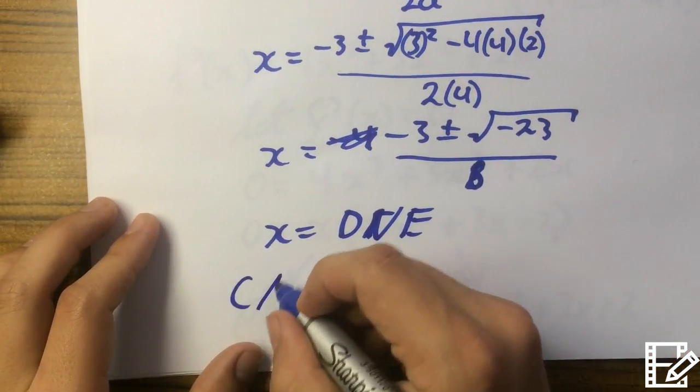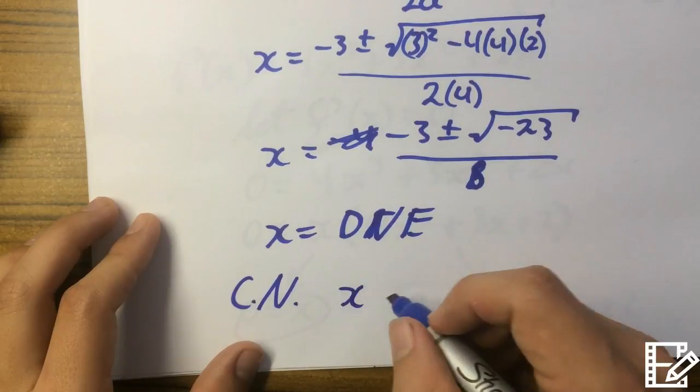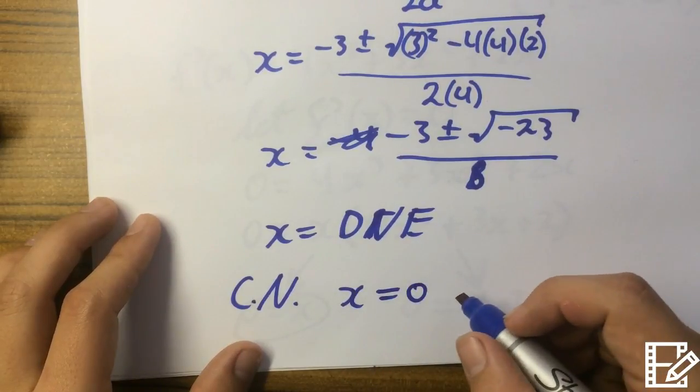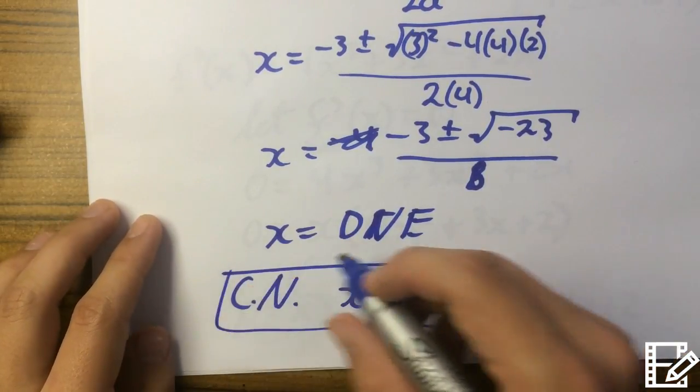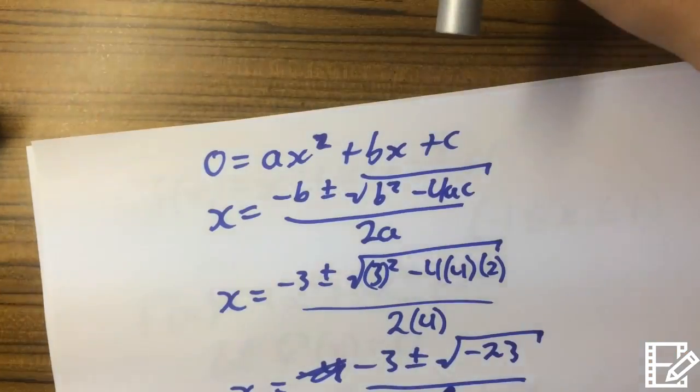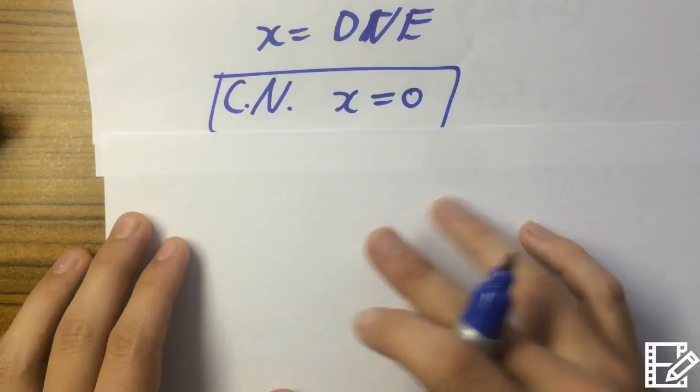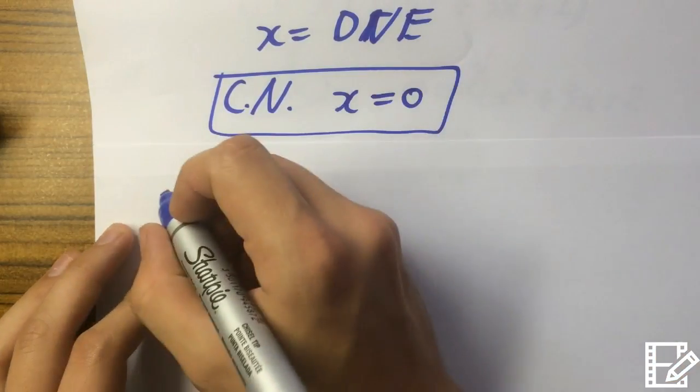Therefore, our critical number is just x equals 0. Now we have our critical number, we use that to find the critical points.